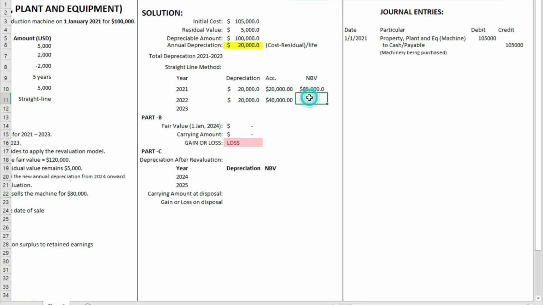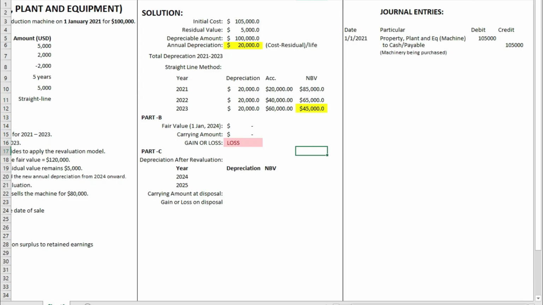The net book value would be this minus this. The net book value is actually the initial cost minus accumulated depreciation, so keep in mind this. And again, just drag and drop there, 20,000, and this is also 60,000, and this would be 45,000. So this is our net book value for the year 2023.